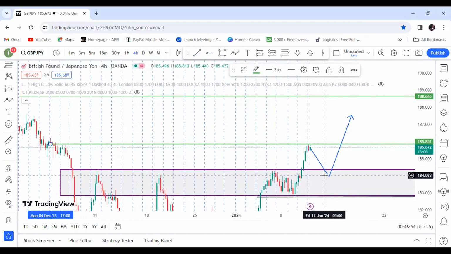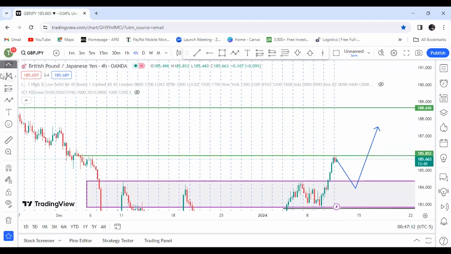So we might anticipate a push downwards, then to test this area of support because of the breakout, and then we might maybe see the price push upwards, or even the price can push upwards, break above that point.